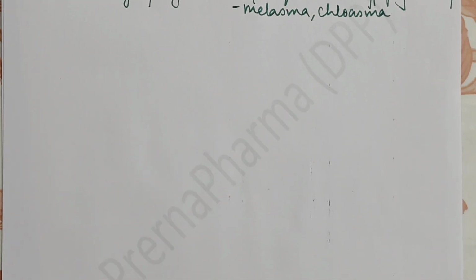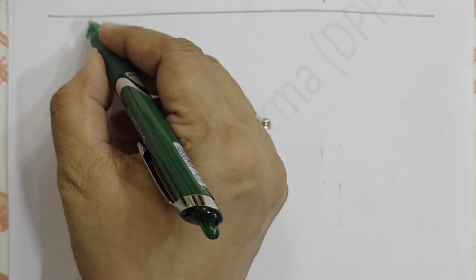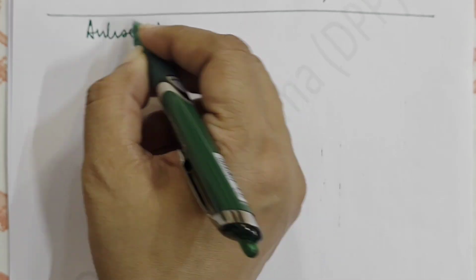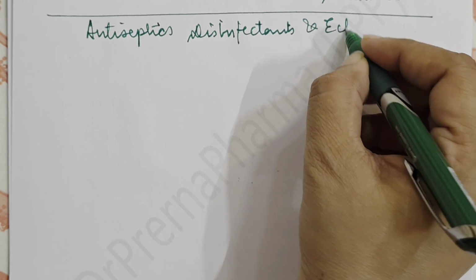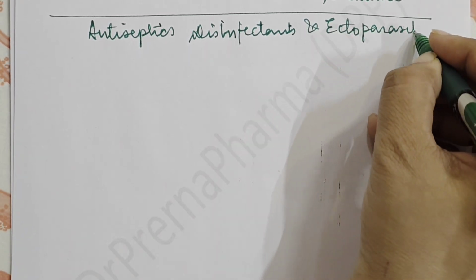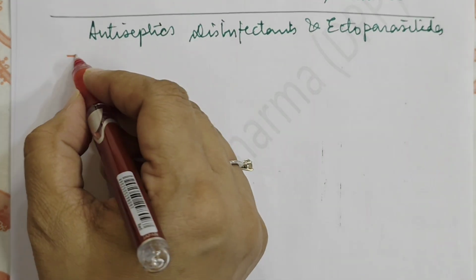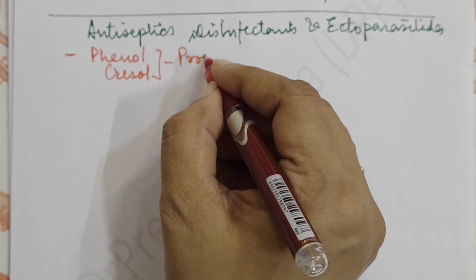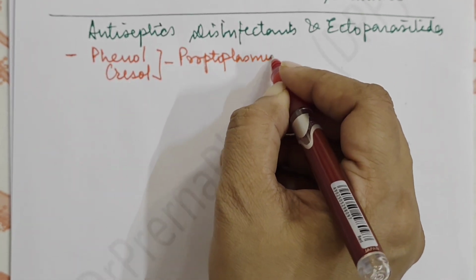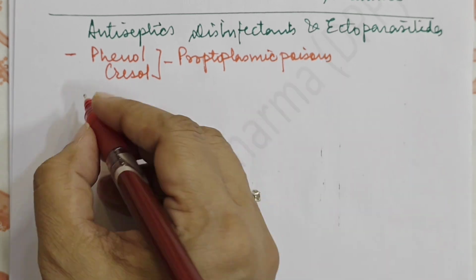Then let's see some antiseptics, disinfectants and ectoparasiticides. Now in this we have phenol, cresol. These are basically protoplasmic poisons. Okay.